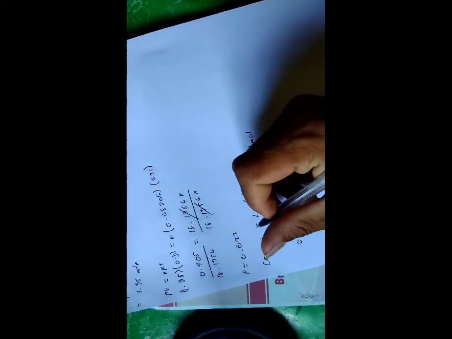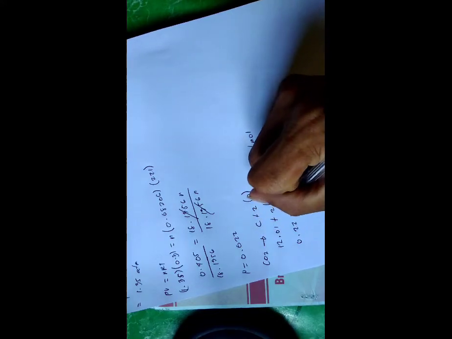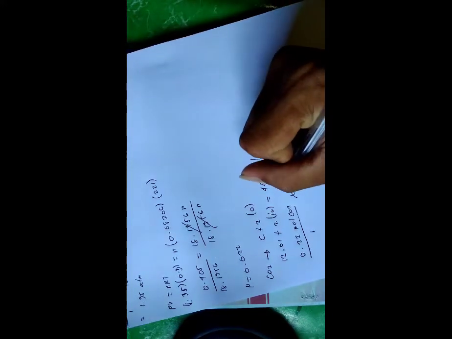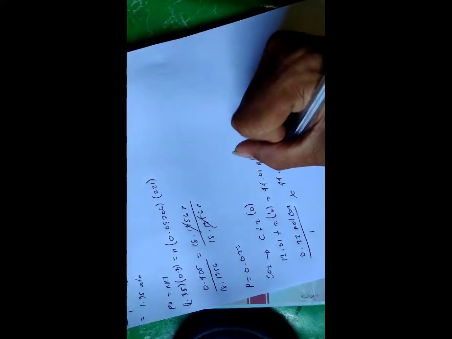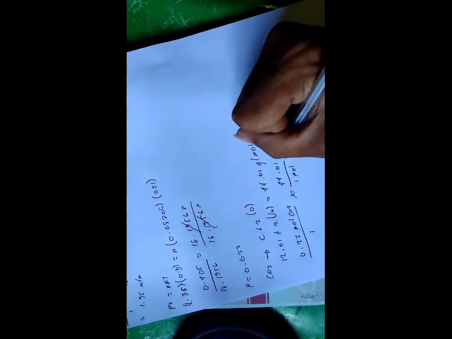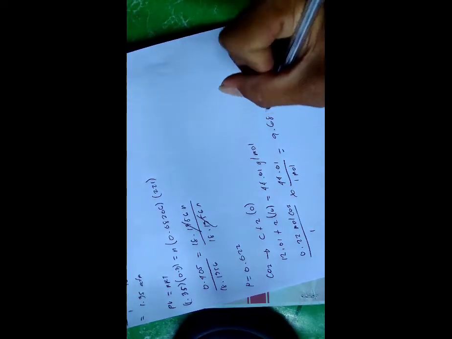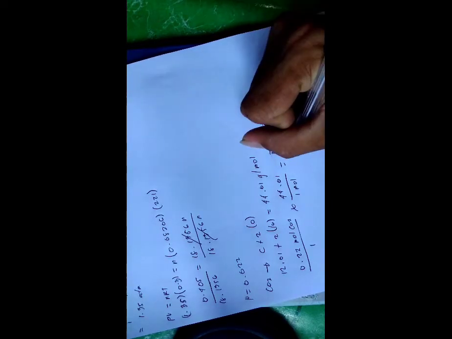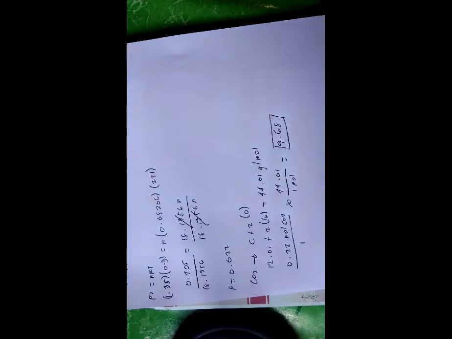And 0.0223 mole CO2 divided by 1 times 44.01 divided by 1 mole is equal to 0.98 gram, and this is the final answer for problem number 3. And now let's proceed to problem number 4.